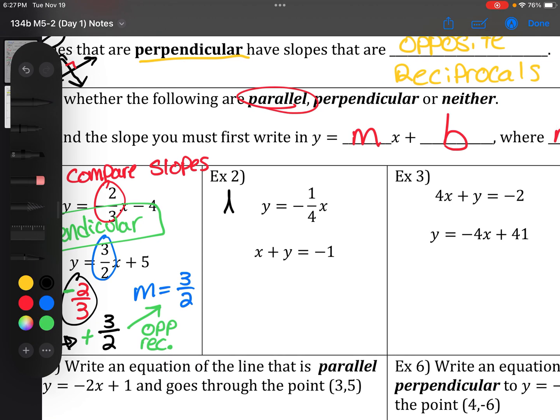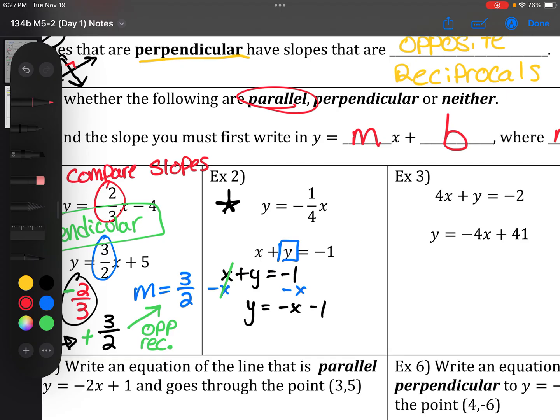Example 2, this one is good, y equals mx plus b. You can see y equals. This one, not good. We have to solve for y first. So to solve for y, what we need to do is rewrite it, and then we're going to subtract x from both sides. 1 and x are not like terms, so you're going to get y equals negative x minus 1, okay?